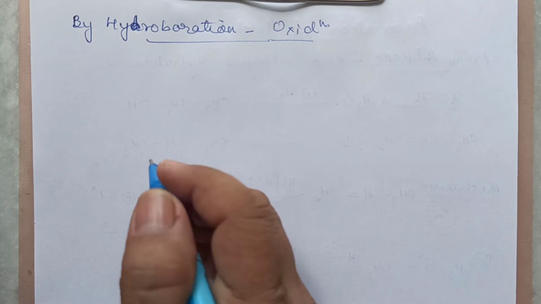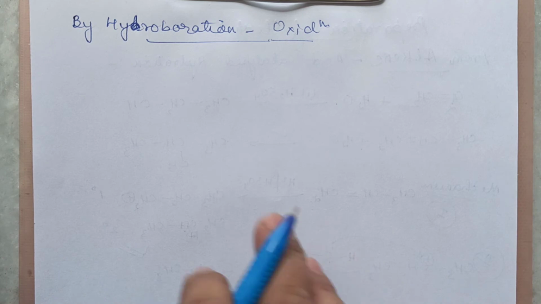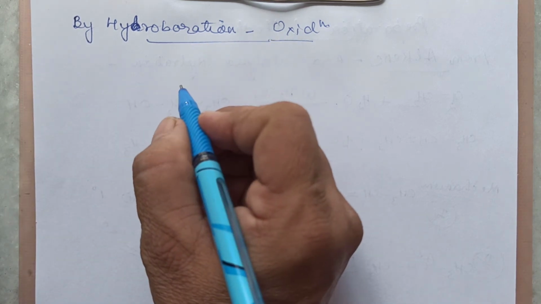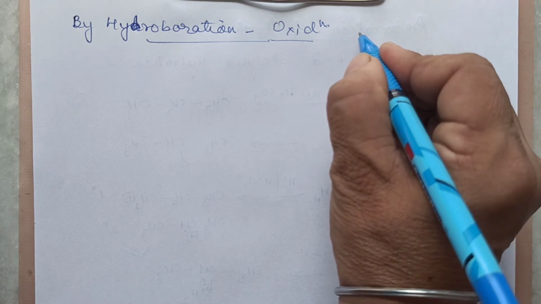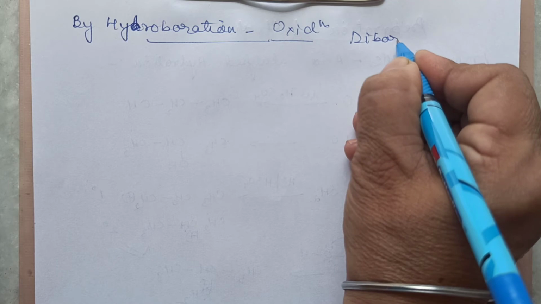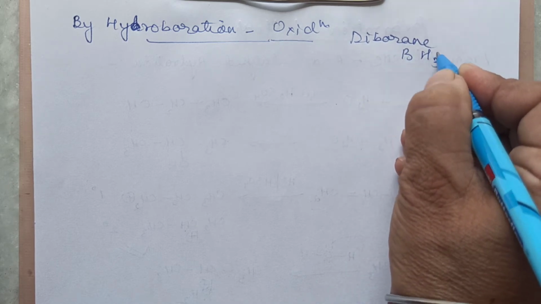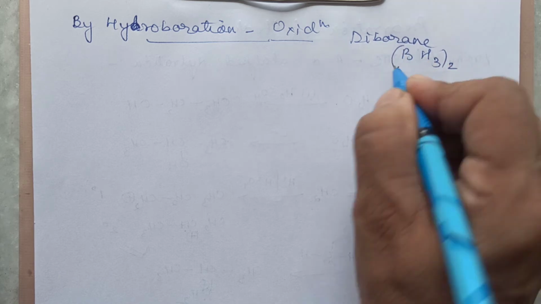Another reaction is preparation of alcohol from alkene by hydroboration oxidation. Now hydroboration oxidation occurs in the presence of diborane. Diborane is B2H6, or BH3 taken twice, we can write.